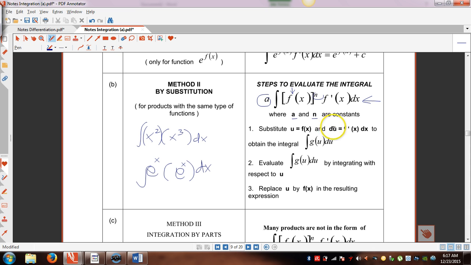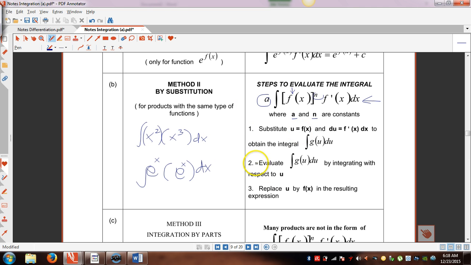Then we differentiate f(x), so we get f prime(x) dx. Actually this is du over dx, and we move dx to the right hand side, to obtain the integral of u du. So we have another function of u now.